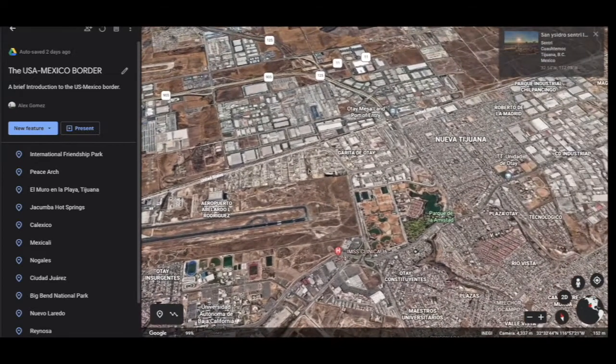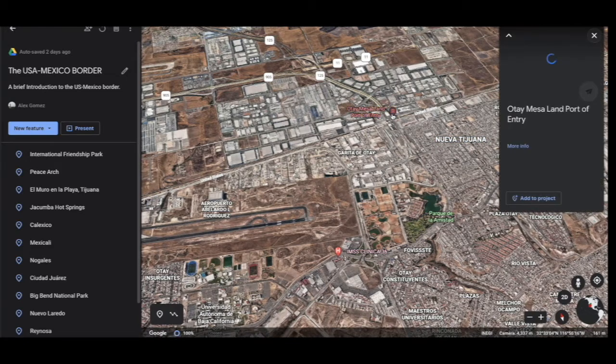Right here, the Garita, the old town, and this is where we have the maquila industry. It's part of the old NAFTA, the free trade agreement, and through this part of the region between San Diego and Tijuana, you have a lot of the trucks that bring all the goods that are being assembled in Tijuana and taken into the US.